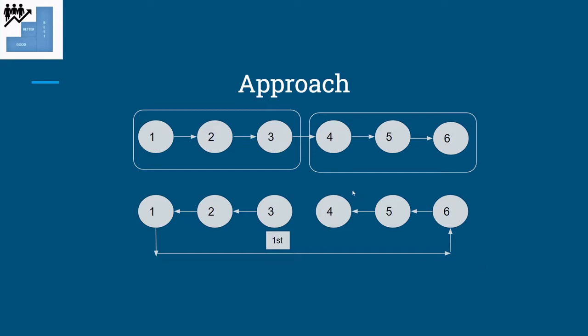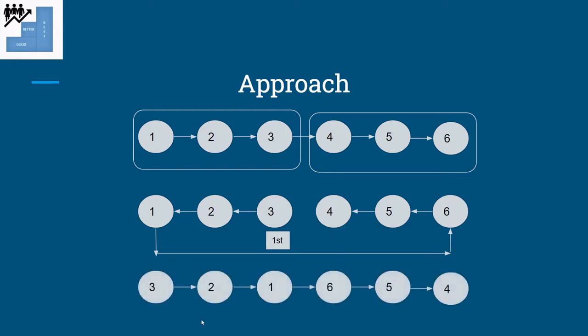Similarly, in this subgroup, the first node should point to the last node of the subsequent subgroup. That way, when we traverse from this new first node, it will be 3, 2, 1, and then 6, 5, 4. This is what the desired output is.